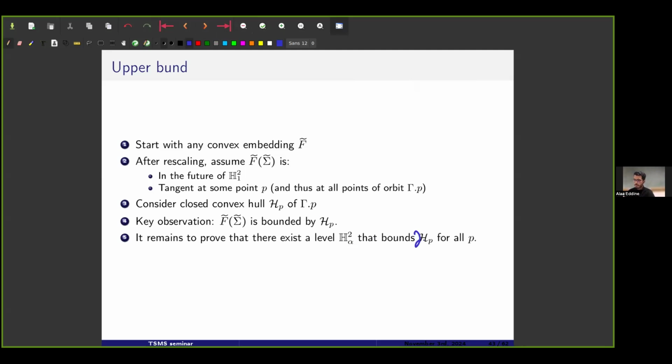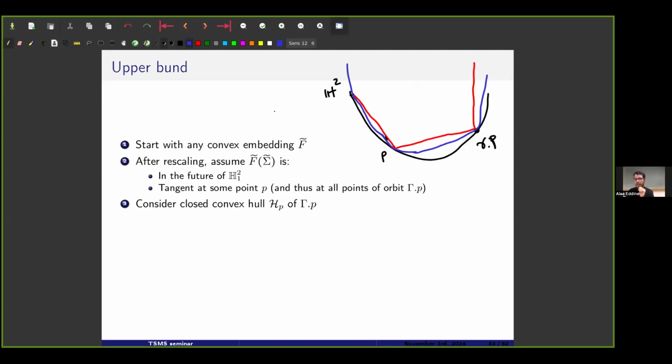So we will find some level that does not depend on the point P, and such that this red curve will always be under the green one.